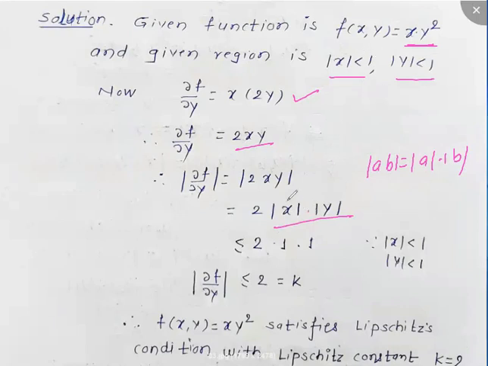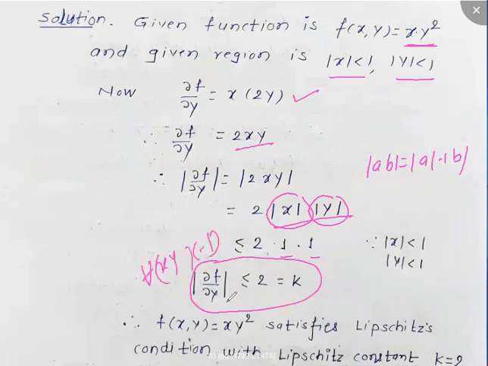But in the given region, mod x is less than 1 and mod y is also less than 1. So it is less than or equal to 2 into 1 into 1, so the product is 2. So this partial derivative is less than or equal to 2 for all x y in the region D, where mod x is less than 1 and mod y is less than 1.